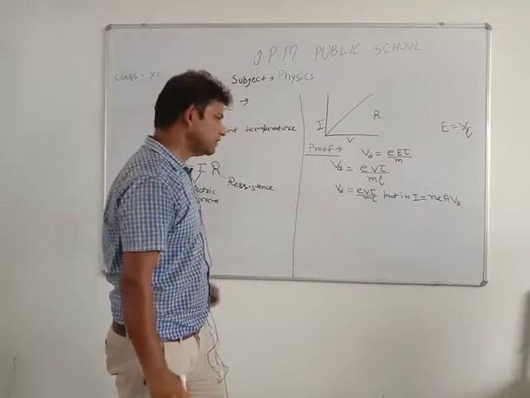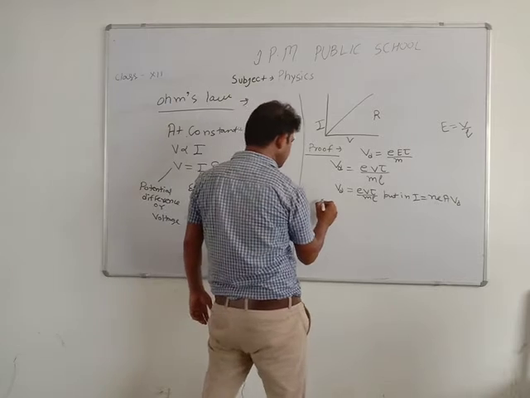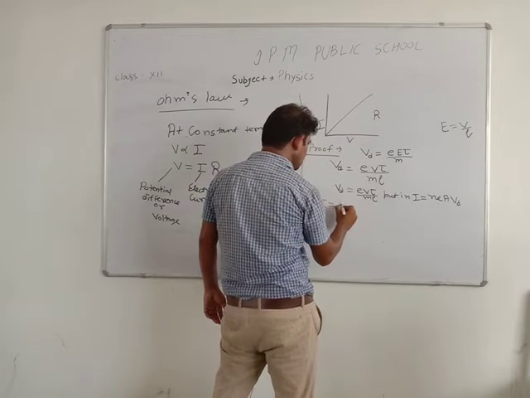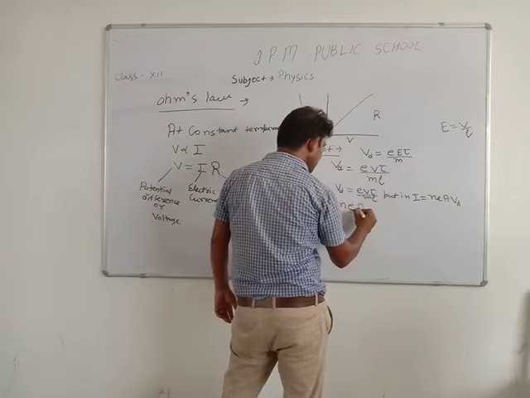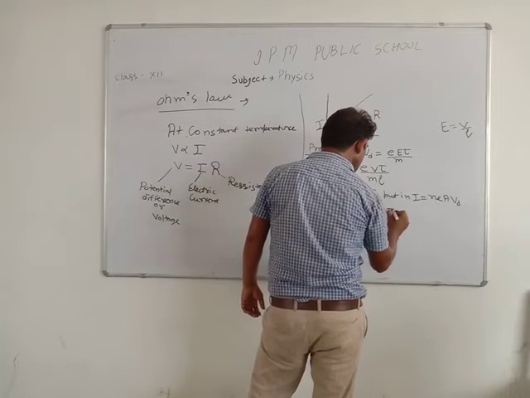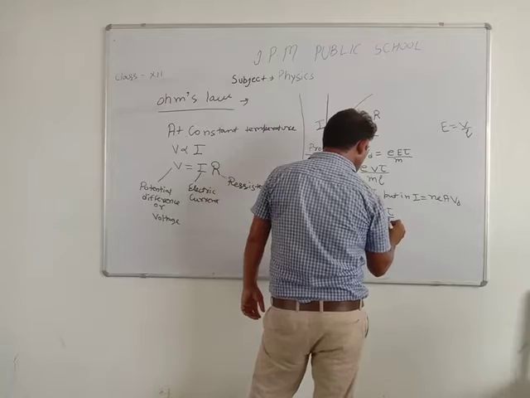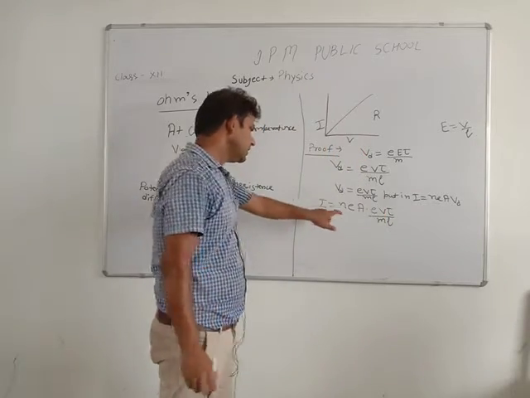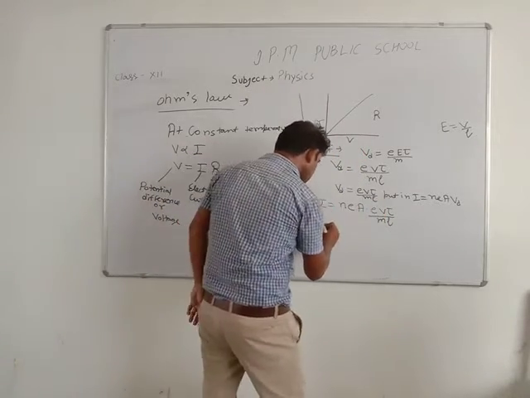It is the relation between drift velocity and electric current. Then I equal to n e A, and the value of vd is eV tau upon mL. Students, e and e is e square.